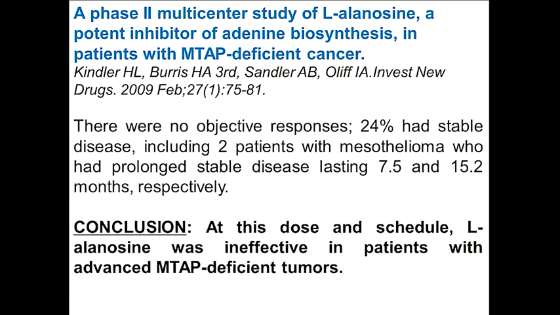Of about, I think, 40 patients, there were no objective responses. 24% had stable disease, including 2 patients with mesothelioma. The conclusion was that at this dose and schedule, L-alanosine was ineffective in patients with advanced MTAP-deficient tumors.